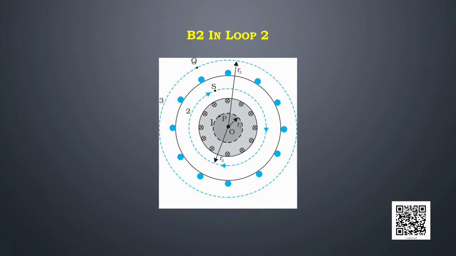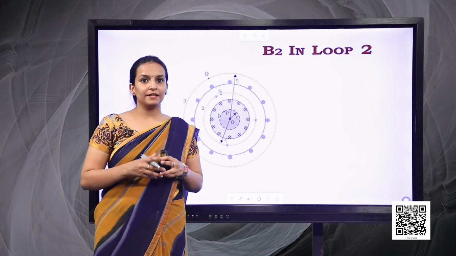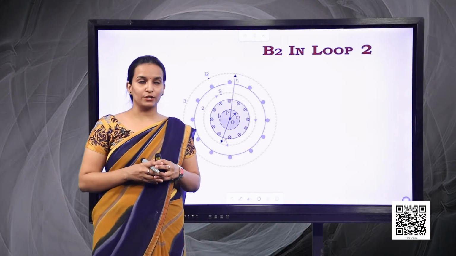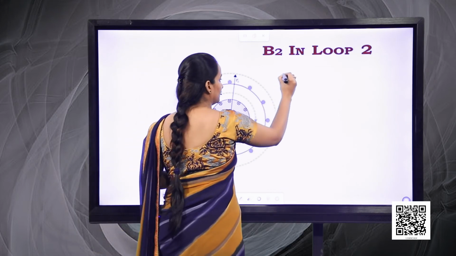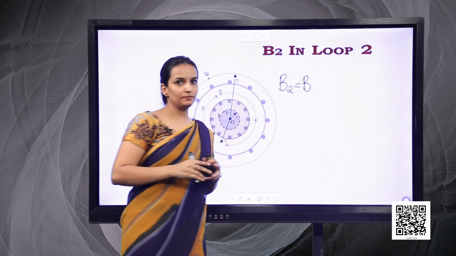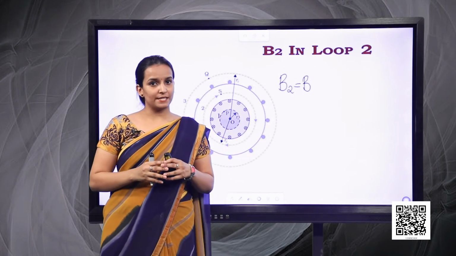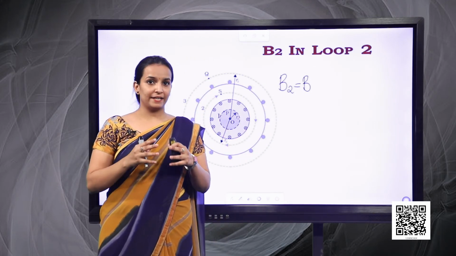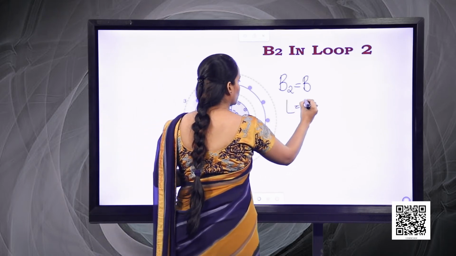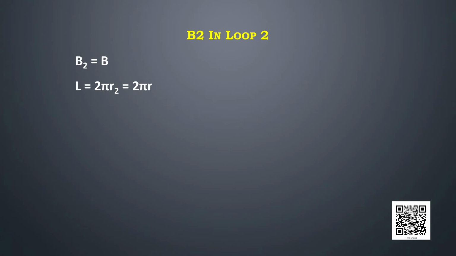Now we are left with loop 2. Let the magnetic field along loop 2, that is inside the toroid, be B, that is B2 equals B. We shall now consider the magnetic field at S, and here L is given by 2 pi r2, and let us say this r2 is equal to r, so 2 pi r.